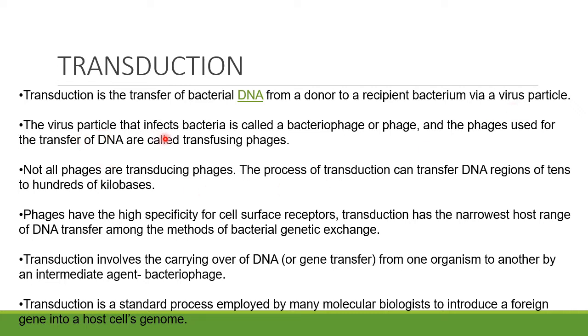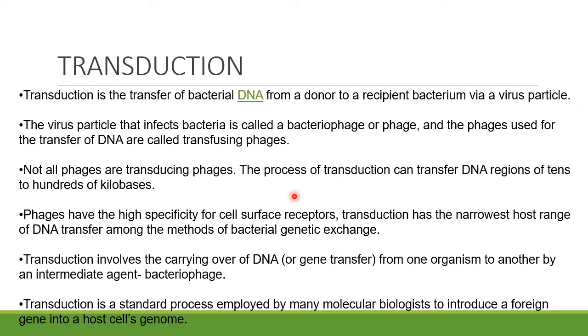The virus particles that infect bacteria are generally bacteriophages or phages, and the phages used for the transfer of DNA are called transducing phages. Not all phages are transducing phages. Transduction can transfer DNA regions of 10 to hundreds of kilobases.